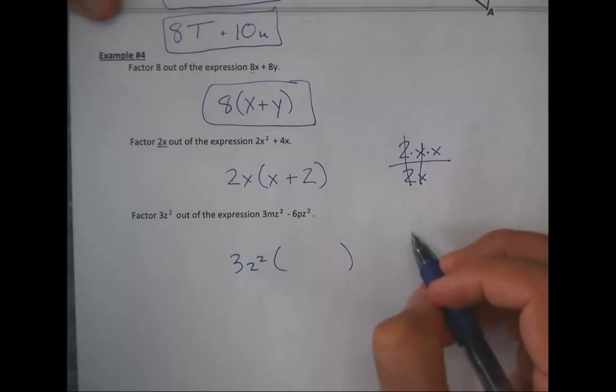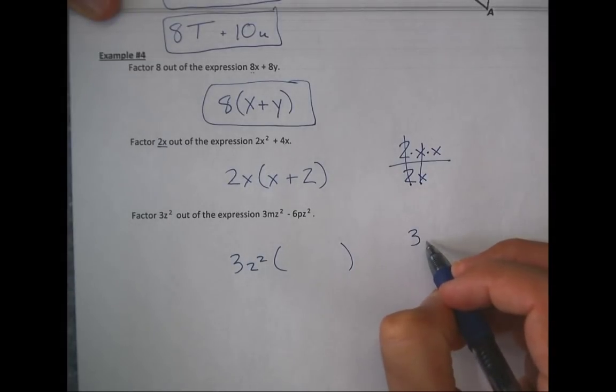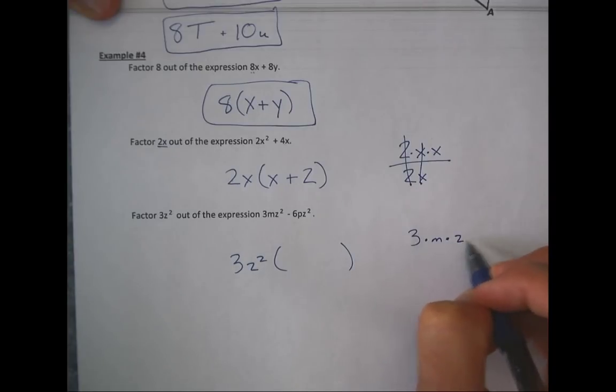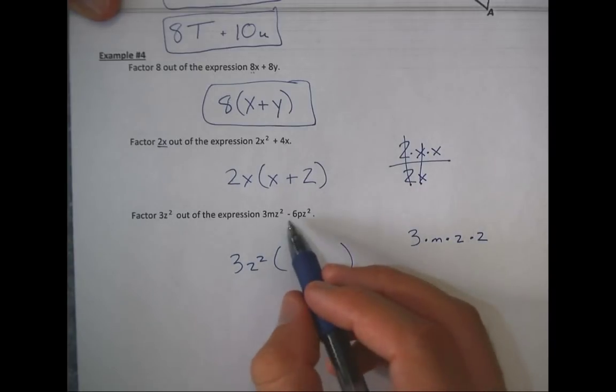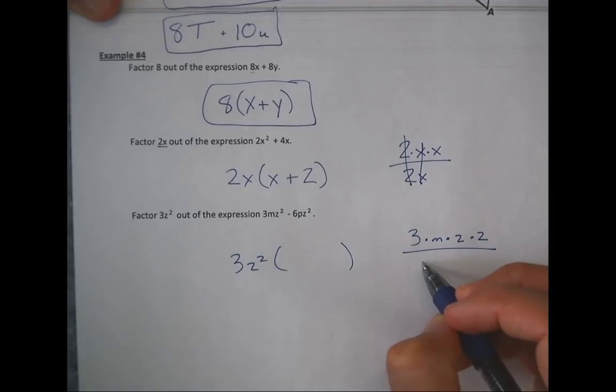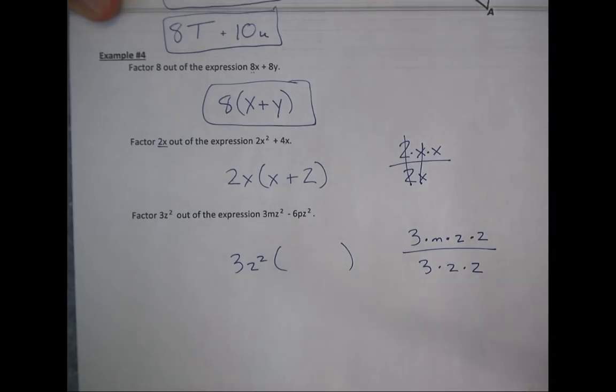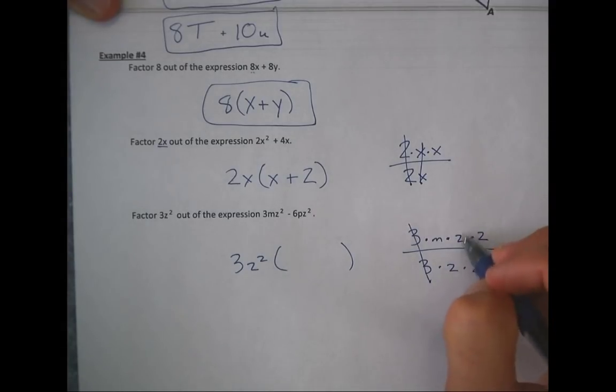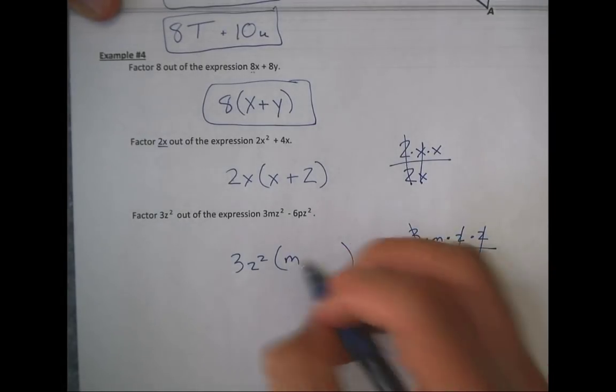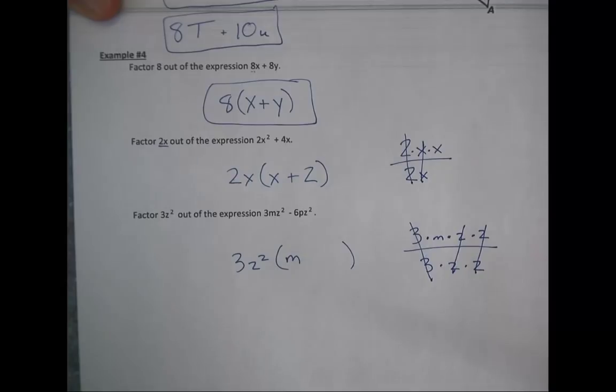I'm starting with 3 times m times z times z. That's what I started with. And I'm trying to take out 3 times z times z because it's z squared. There's 2 of them. So what cancels? The 3, the z, and the z. So what am I left with? M. If this visual helps you, you can use that.